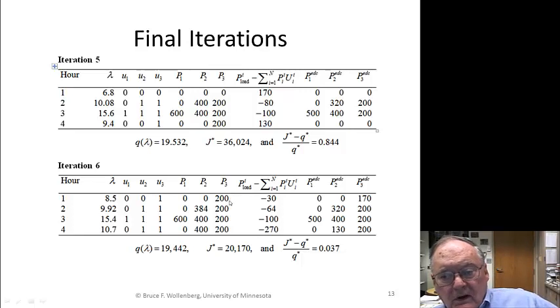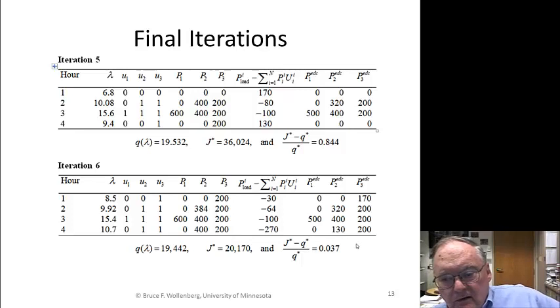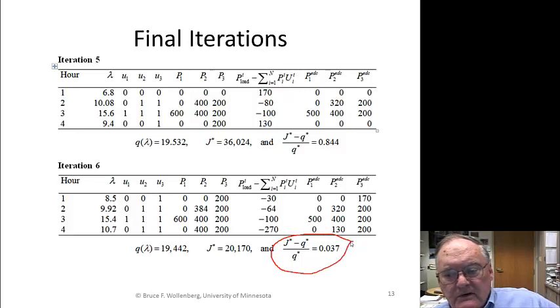And so I have finally got enough units committed. And this number is what's key. This J minus Q star over Q is a measure of how close I am to the optimum.